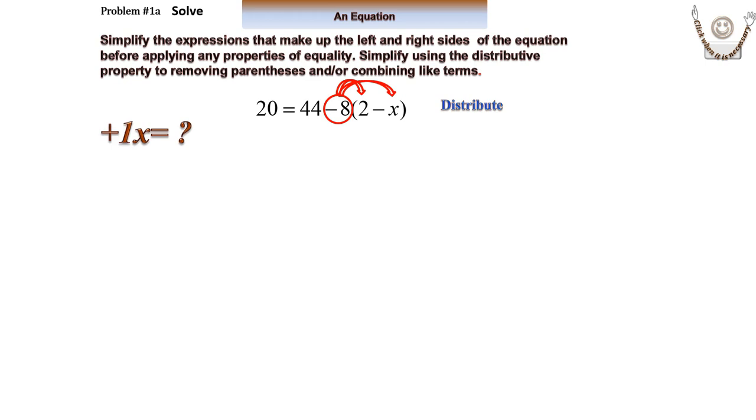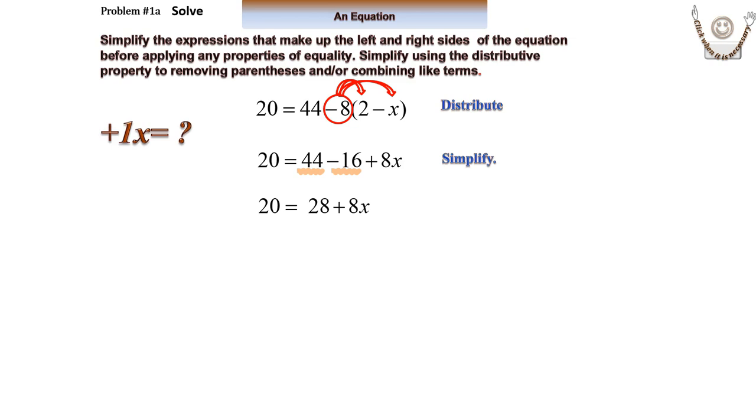So negative 8 times 2 and negative 8 times negative 1x. What we will have, negative 8 times positive 2 would be negative 16, and negative 8 times negative 1x would be positive 8x. Now let's look for like terms. 44 and negative 16, like terms, if we combine, this will be positive 28.